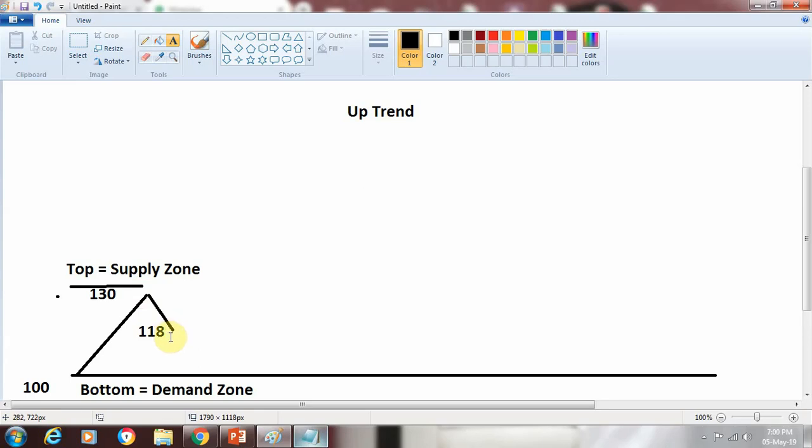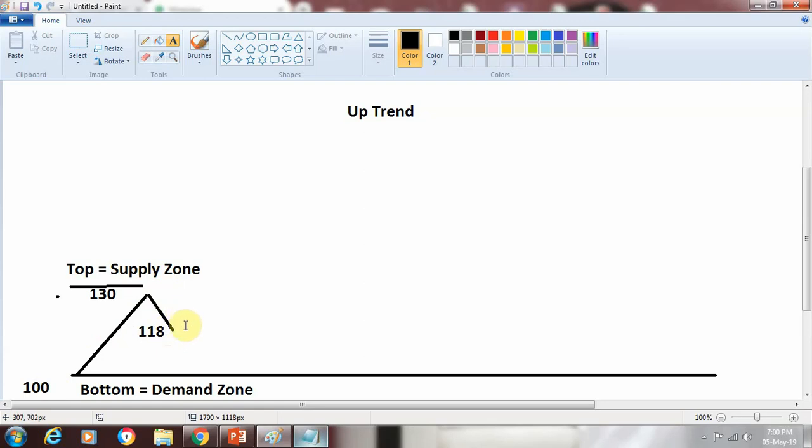One thing. Second, many people who had entered at 100 and not yet exited feel that it is a good opportunity to add more, right? So there is more demand for the same stock at 118 now, and the people who had booked their profit at 130 know that this looks attractive again at 118.